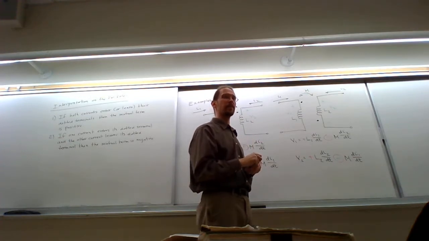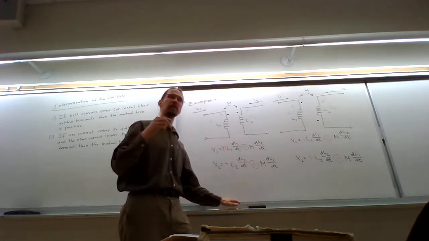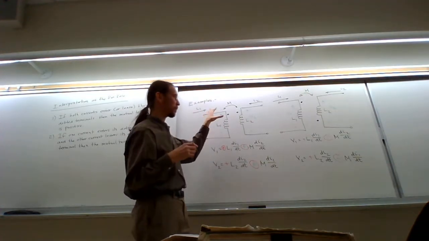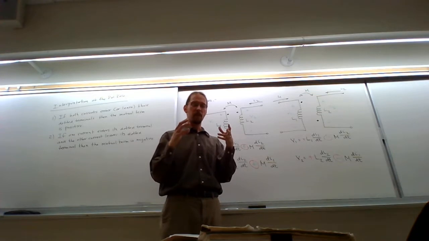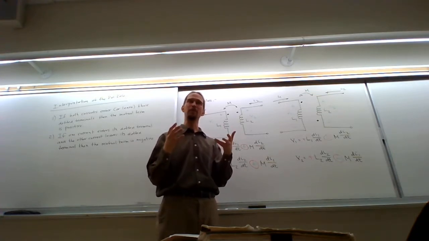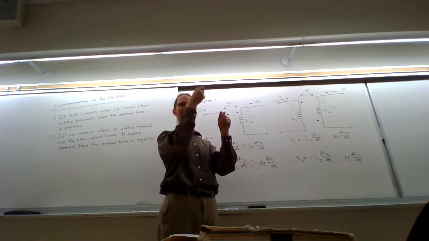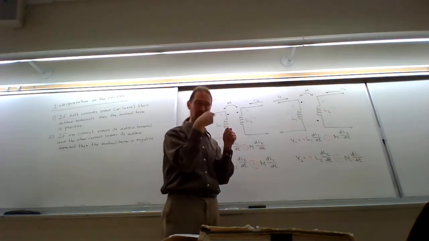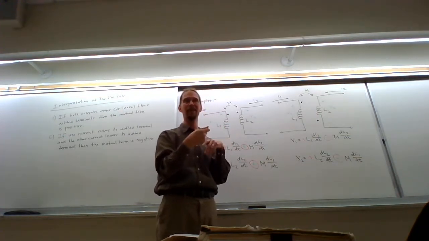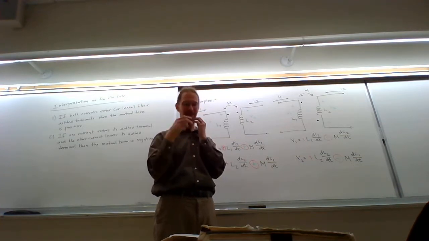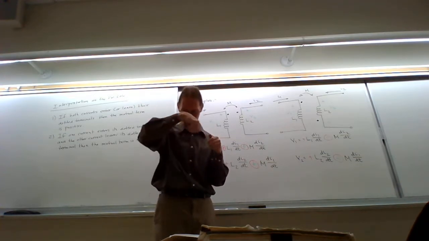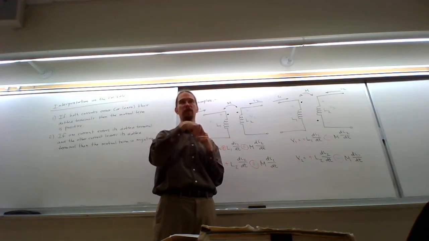Exactly. So one of the things that is going to happen with these circuits is they're never going to tell you, like, oh, this inductor over here in the circuit is wound, when you're looking from the top down, in the clockwise direction. They're not going to tell you, if you're looking at this other coil, if you're looking down, it's going to be wound in the counterclockwise direction.